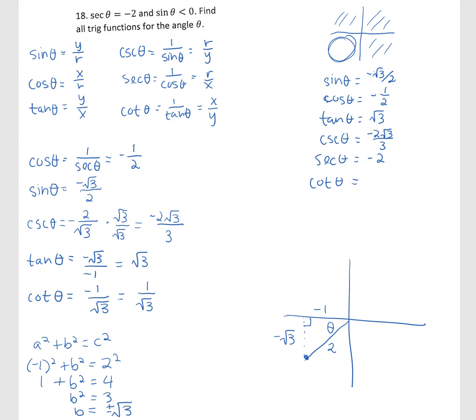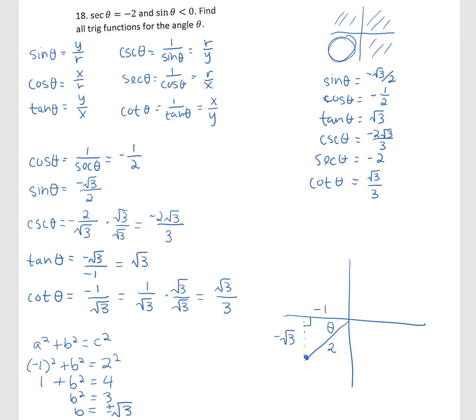Again, we don't like having the root at the bottom of the fraction, so I'm going to multiply by root 3 over root 3, or 1. That gives us root 3 on the top, and root 3 times root 3 is just 3 on the bottom. So cotangent is root 3 over 3.